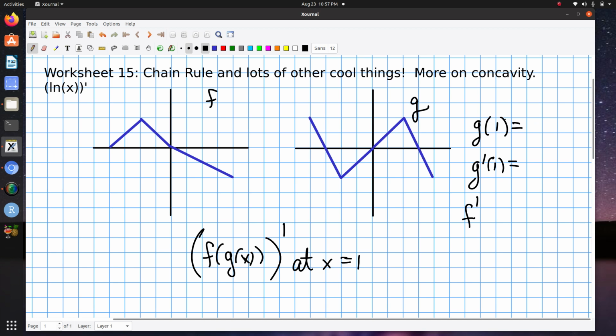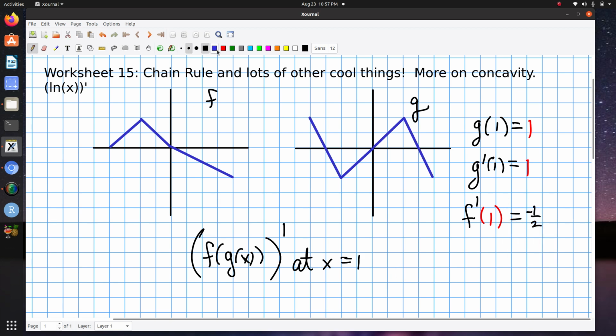So g of 1 happens to be 1, but I'm going to change the color to red so that you know this is the one down here. The output one is the one. Okay? g prime of 1 happens to be 1, and f prime of 1 is negative 1/2. But I wanted that to be black. Sorry.